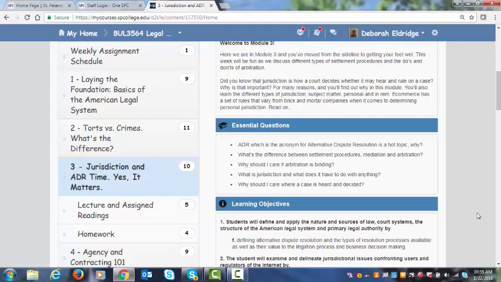That's the role of the mediator, to try and get the parties to meet halfway and resolve the case without it having to go further. Because when you have to go further, you have to try a case, you have to go to court. You're talking about a lot of time, a lot of money, a lot of effort, and all of that takes away from what you want to be doing, which is running your business or having your life.